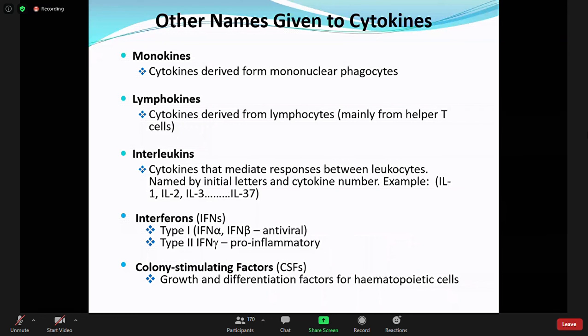And then we have the colony stimulating factors, which I think Dr. Rehan might have told you about in hematology. These are GM-CSF, or granulocyte macrophage colony stimulating factor, or GCSF, which induce the proliferation and differentiation of myeloid cells, granulocytes, and so on. But those are also cytokines.